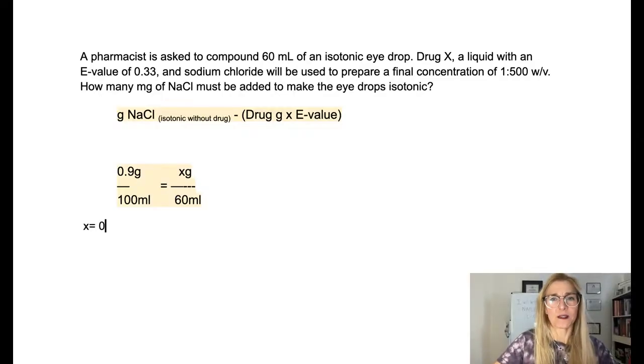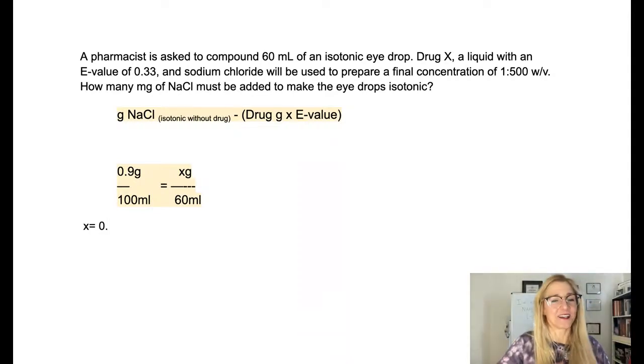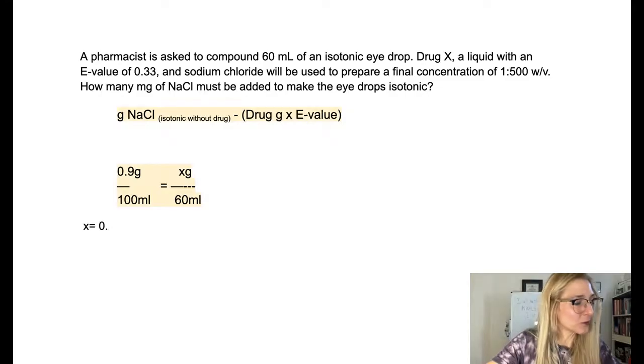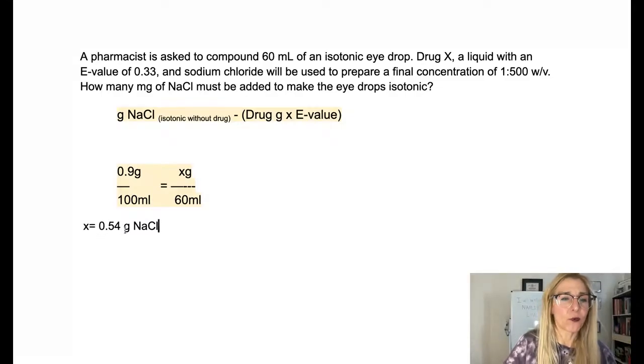The way I'm sharing, I'm not able to show my calculator on screen. So I'm putting it in, and you might just have to do that along with me on your own calculator to prove to yourself that I'm doing it correctly. So we have 0.54 grams of sodium chloride that are needed to make that isotonic.